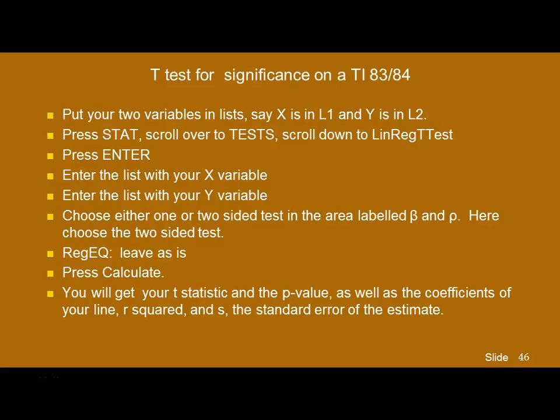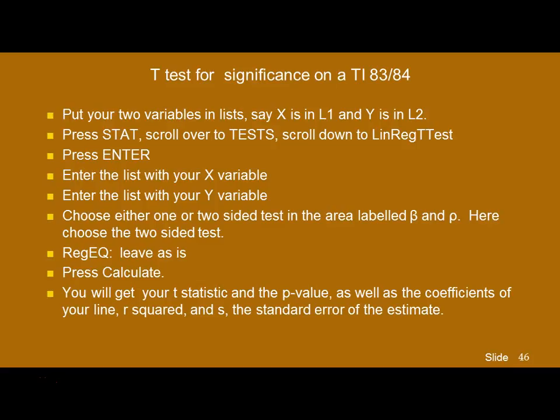On my calculator, that happens to be letter F. Hit Enter. It wants your x variable first, so tell it what list has your x variable. Then it asks for your y variable. Put in the list for your y variable. You can leave the frequency count at 1.